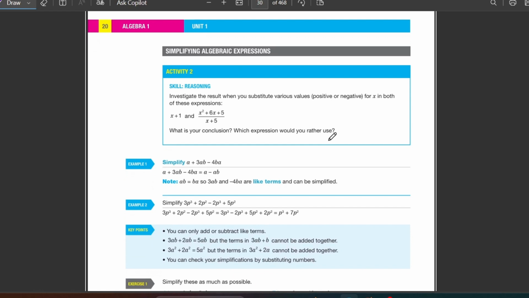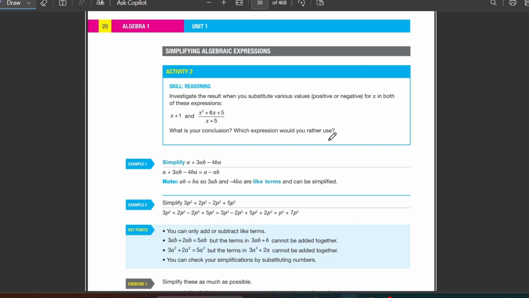Okay. In this activity 2, you can see another example. They are saying investigate the results when you substitute various values, positive or negative, for x in both of these expressions. What is your conclusion?